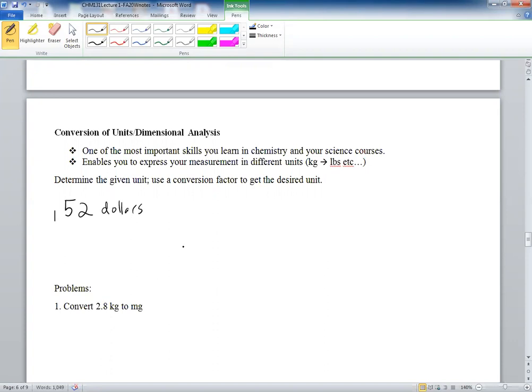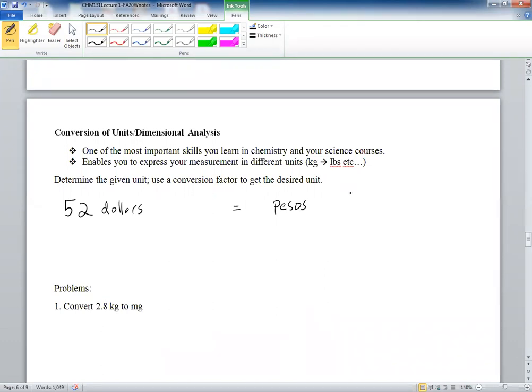And you would like to know the equivalent amount in pesos, in Mexican pesos. So you're like, okay, not sure if it's spelled correctly, but that's just to get the idea.